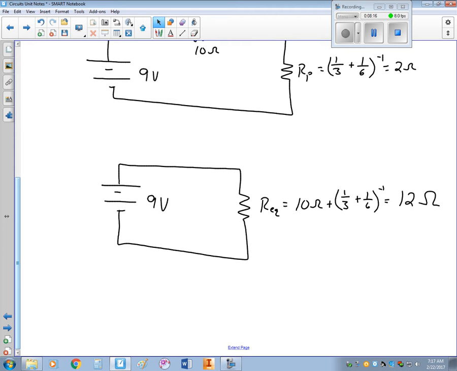Now I'm going to use that equivalent resistance to find the total current through my circuit. So the total current will equal the EMF of the battery divided by the equivalent resistance.